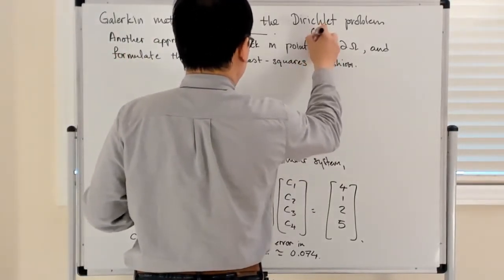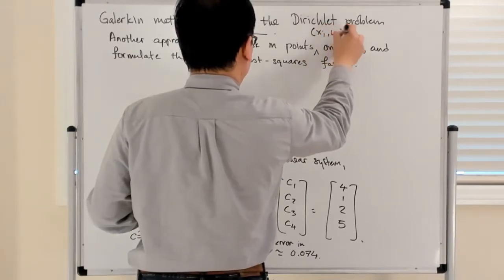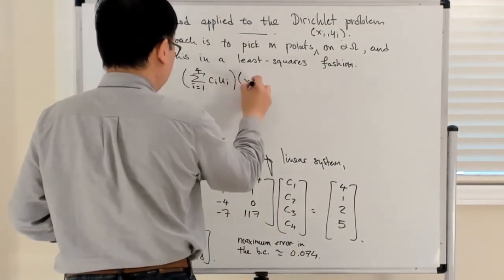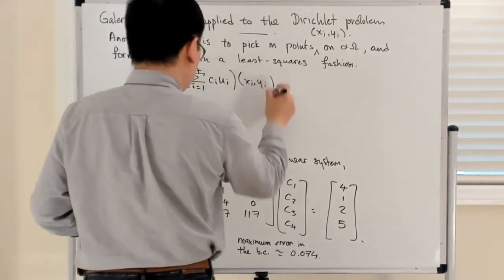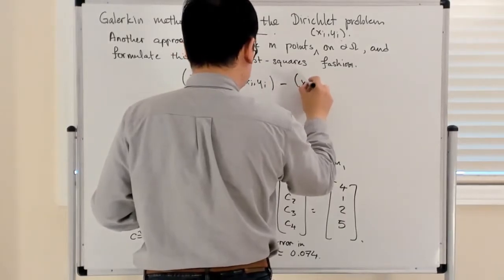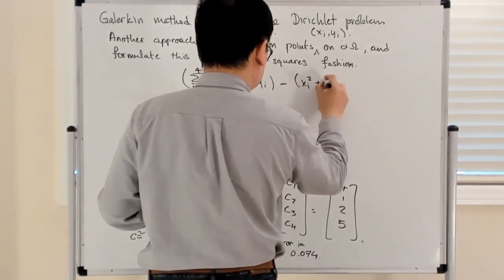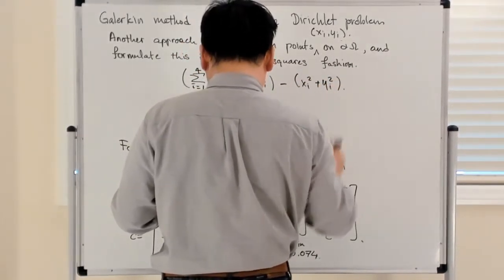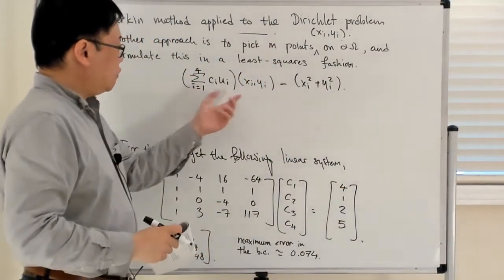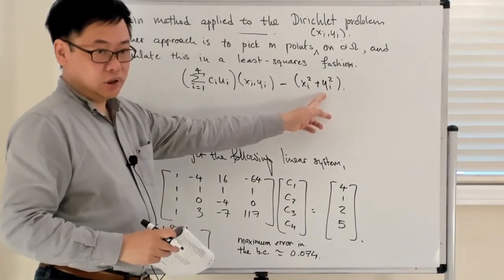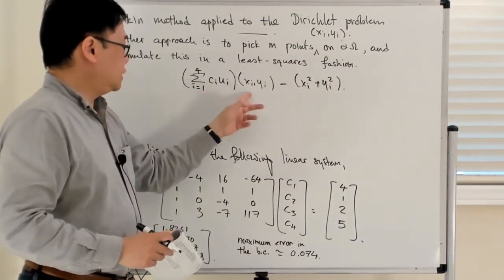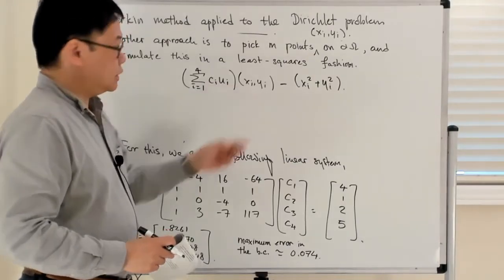Let me denote those points as xi, yi, and I'm going to evaluate the combination at xi, yi and compare it to the boundary data, which is xi squared plus yi squared. So this is the pointwise error you're making in replacing the boundary condition at the point xi, yi with this linear combination of the basis functions.